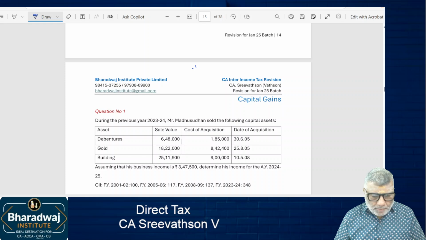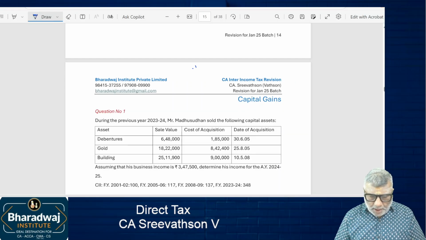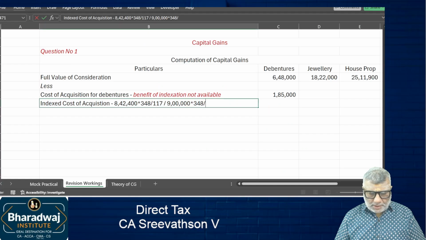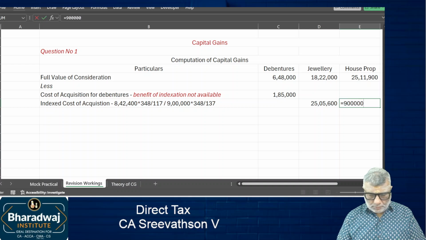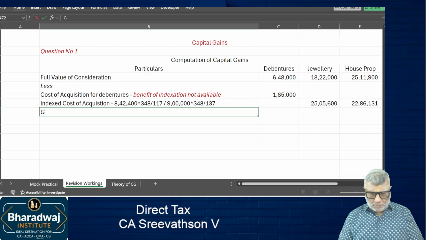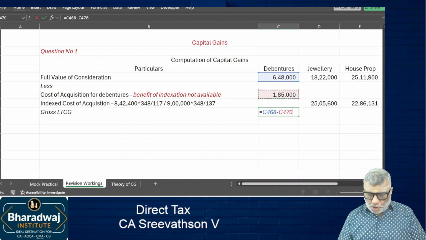For the other one, 9 lakhs into 348 divided by 137. No doubt debentures is also an LTCG.